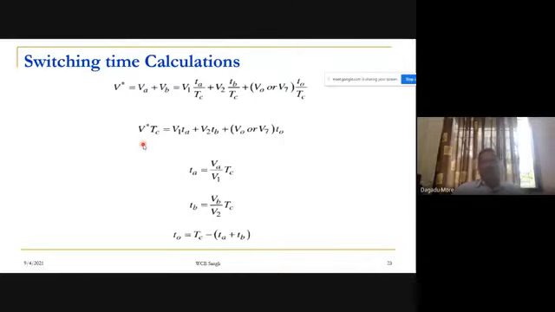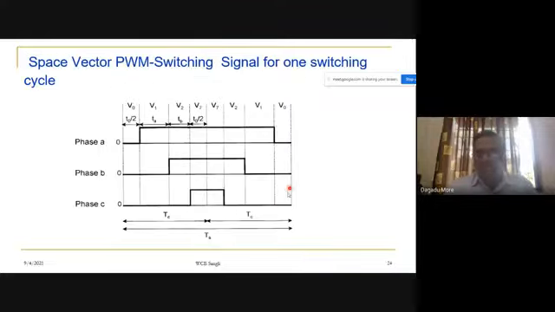We want the waveform to have symmetry, or quarter wave symmetry, and for that, consider one switching cycle. How much time period will it be? It is 0.5 degrees, and correspondingly we find the time.